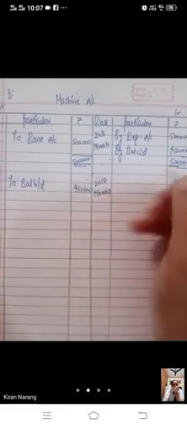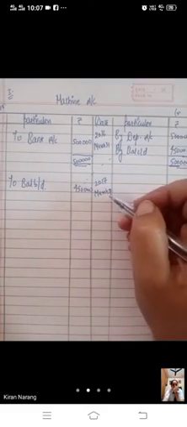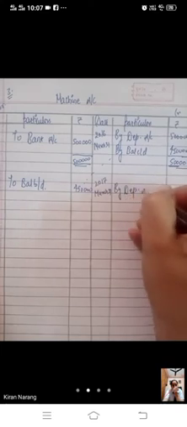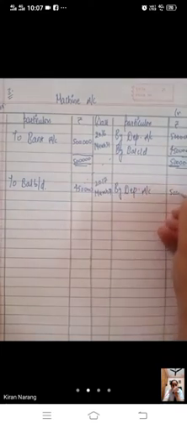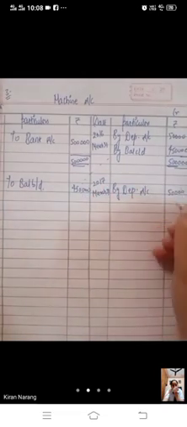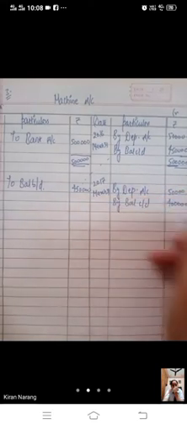So at the end of the year, on 2017 March 31, we will write by depreciation account. Again 50,000 will be reduced. 4,50,000 minus 50,000, 4 lakh will be the balance carried down. We will write here by balance carried down.